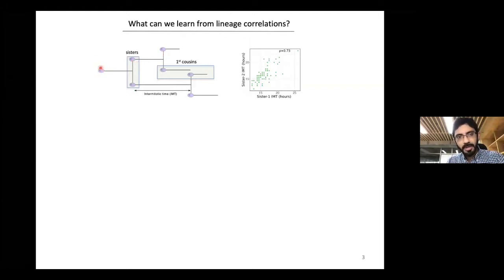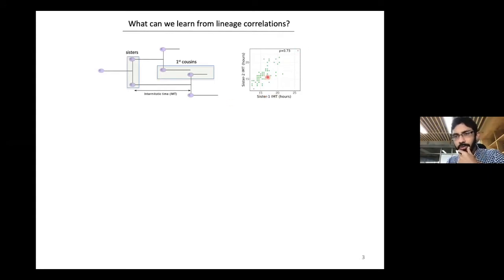You saw the mother dividing into 2 daughters or sisters, and then they in turn divide, and you can start tracking the lineage relationship: the cousins, first cousin, second cousin, third cousins, and so on. If you define the time from when the cell was born to when the cell divides once again as the intermitotic time, or the IMT in short, you can start looking at correlations between various lineage groups, between sisters, between mothers and daughters, and so on.